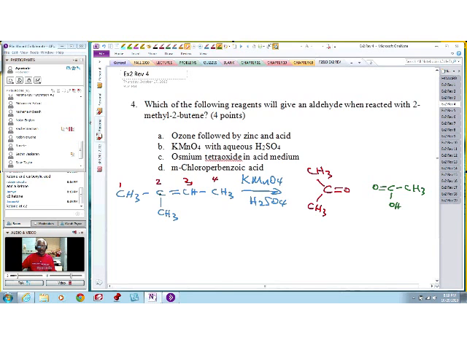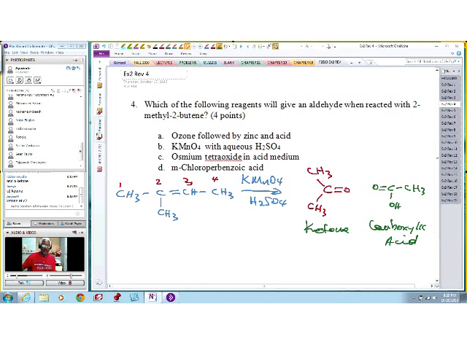And the carbon that does not contain a hydrogen, for example, this here, becomes the carbon of a carbonyl for a ketone, which is this here. This is carboxylic acid. So you guys got the idea. So let us move on.